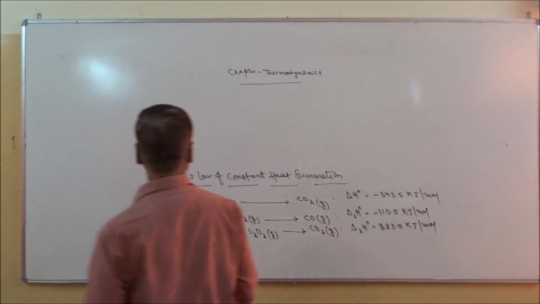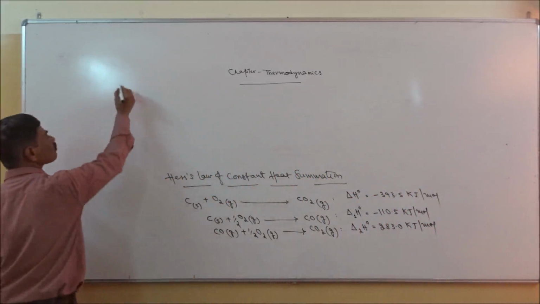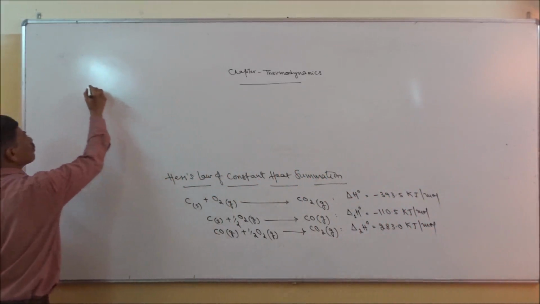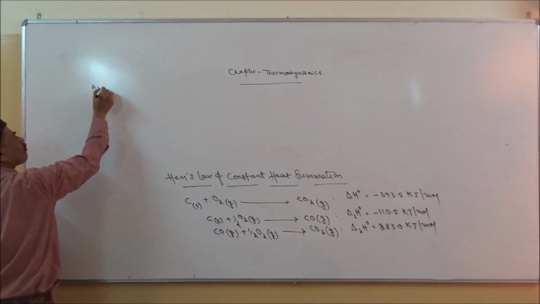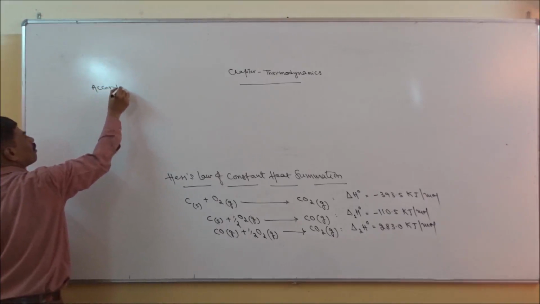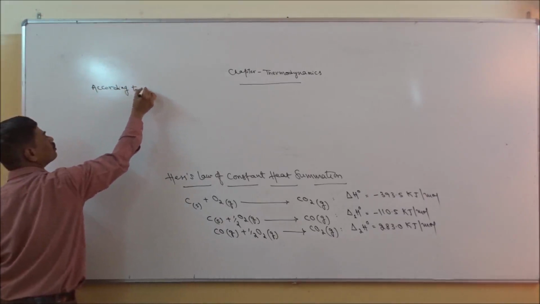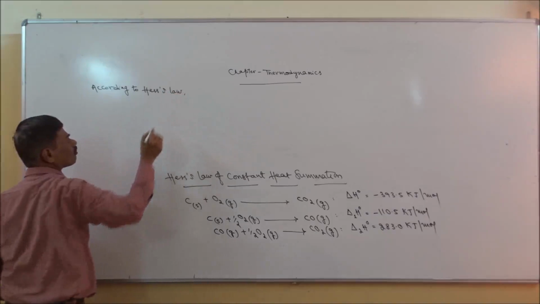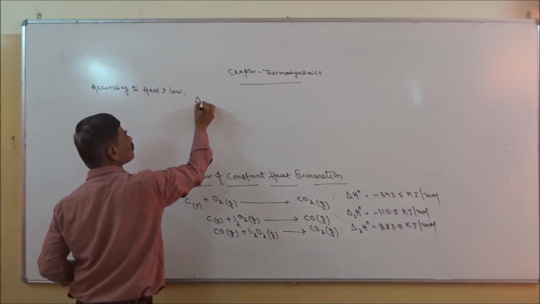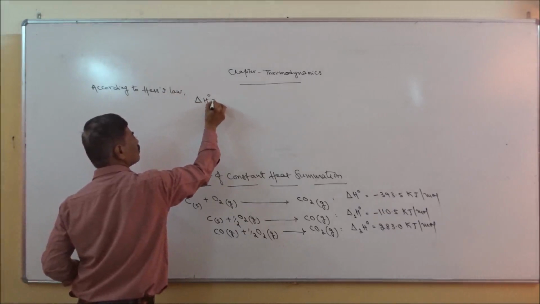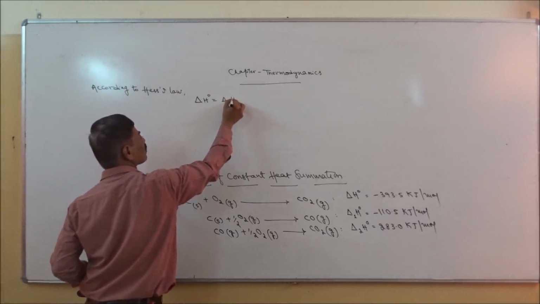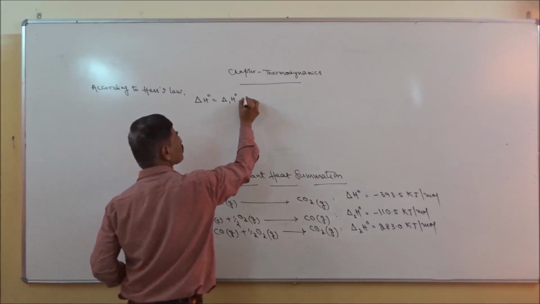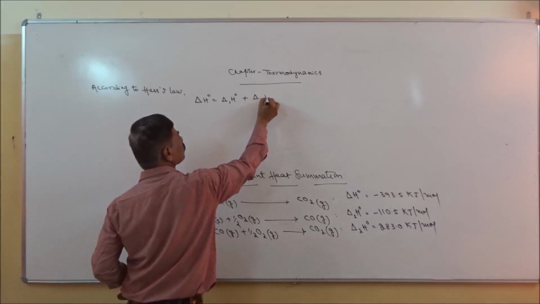Yes, according to Hess's law, we can write in this way. According to Hess's law, delta H naught is equal to delta 1 H naught plus delta 2 H naught.